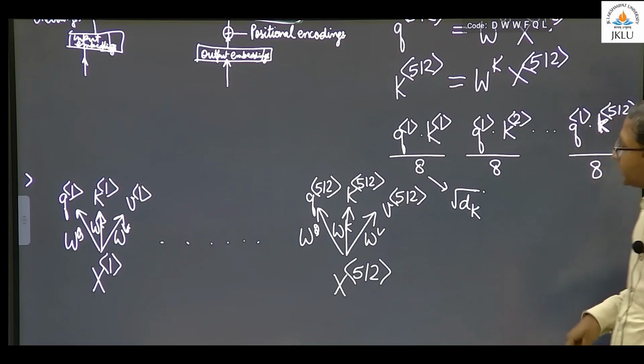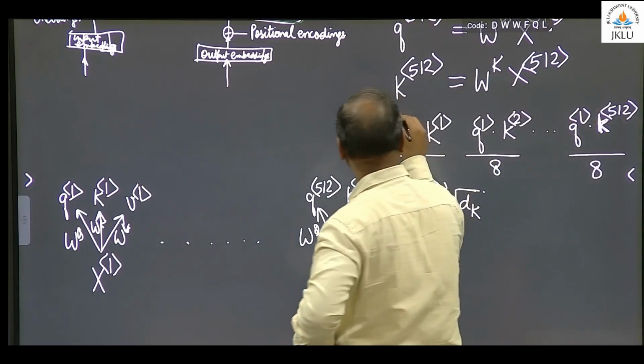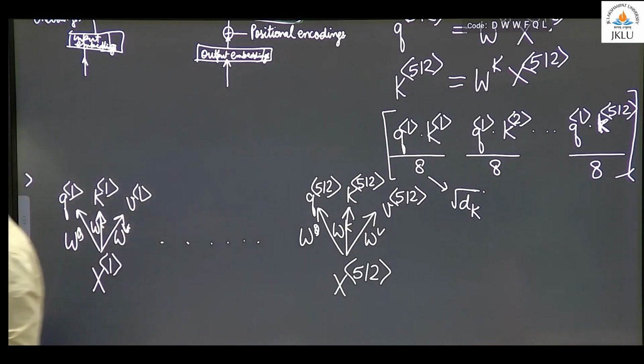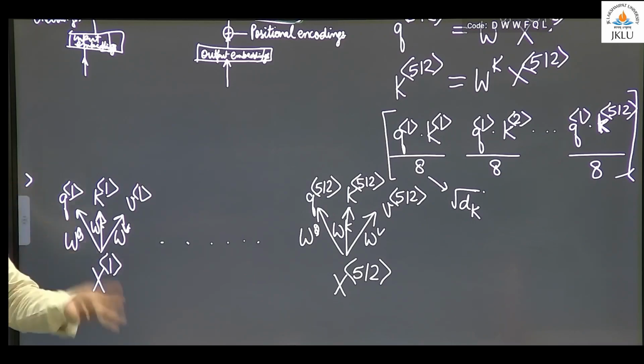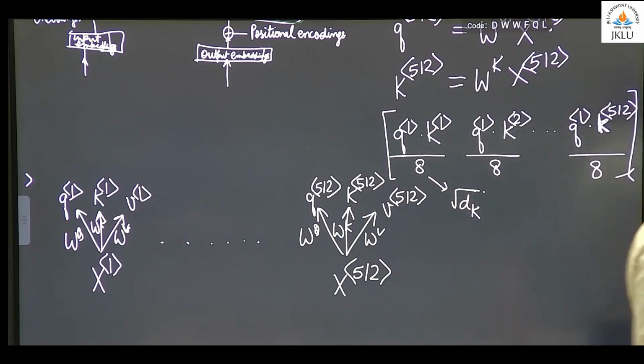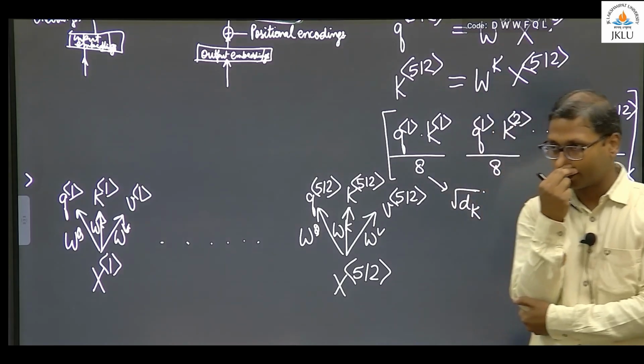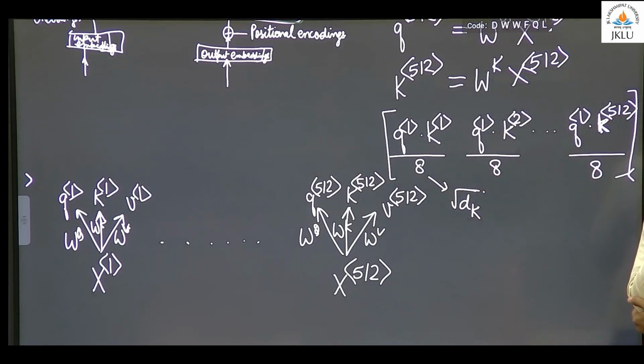What do I do next? I have this vector of size 512. What is the last operation left? Multiply with V. Multiply with V means?